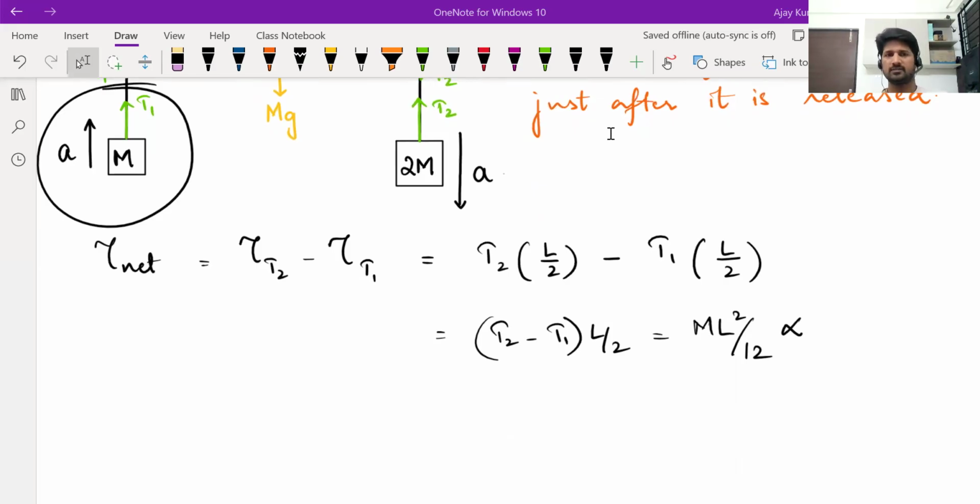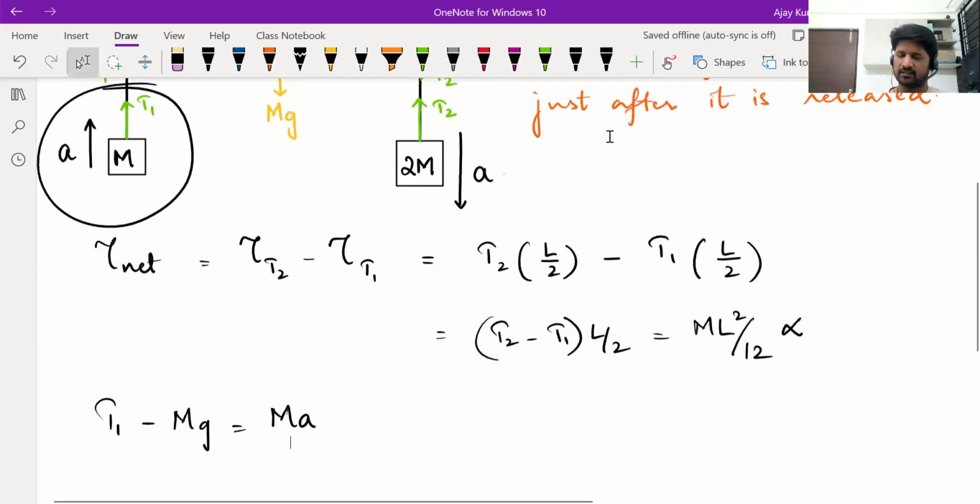T1 minus... How can you subtract acceleration from a force? T1 is the upward force. What is the downward force acting on the block? Gravity. mg. So T1 minus mg should be equal to mass multiplied with its acceleration. Correct.